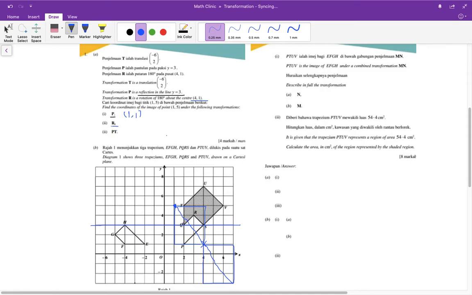So when you rotate 180 degrees from this center, maybe I should draw a smaller one over here. You rotate 180 degrees.